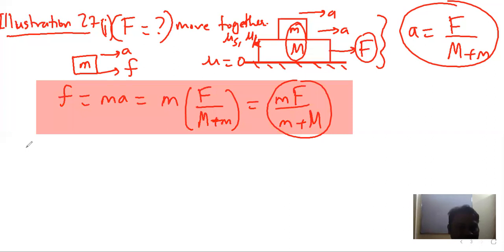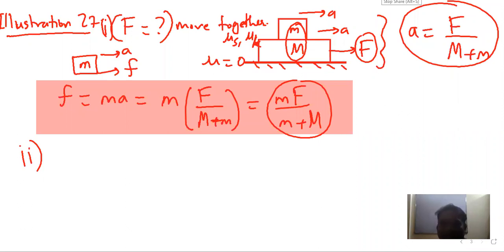In second part, we have to find the value of acceleration. So to find the value of acceleration in second part, let us see how to solve this question.